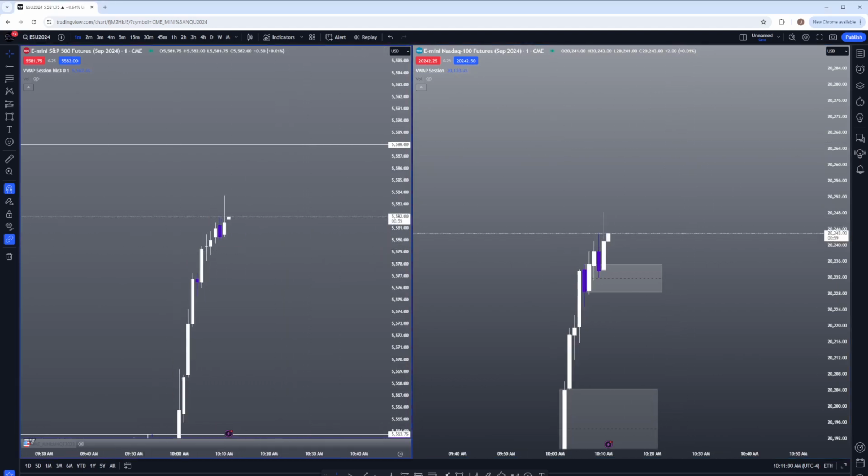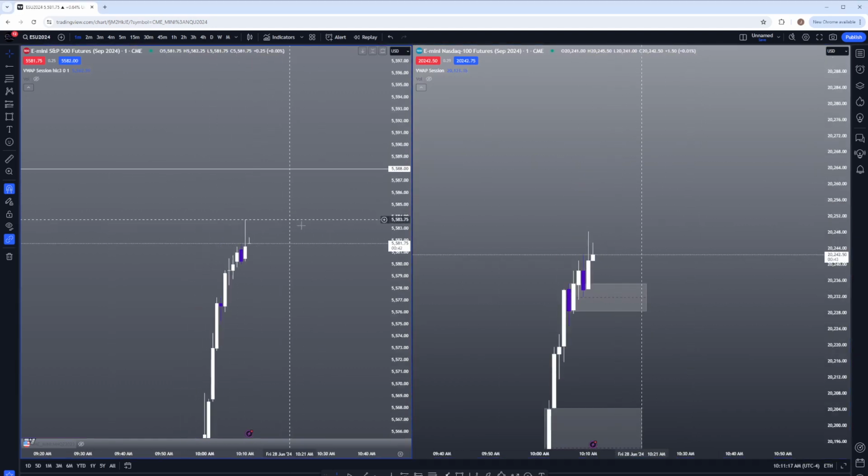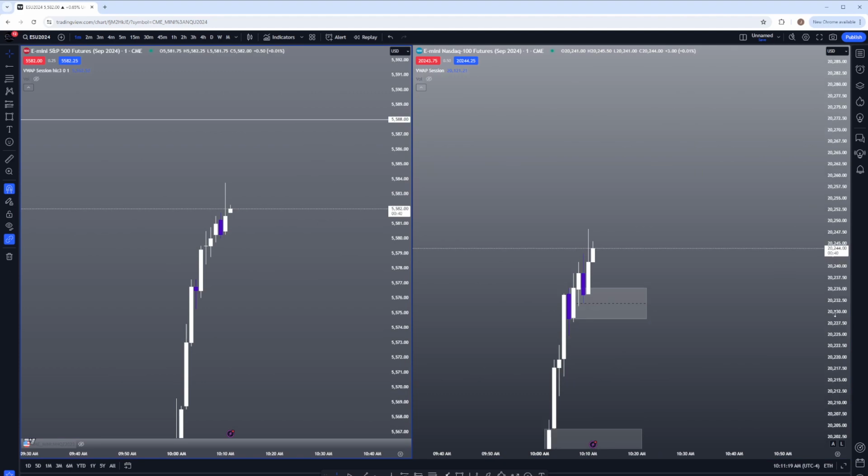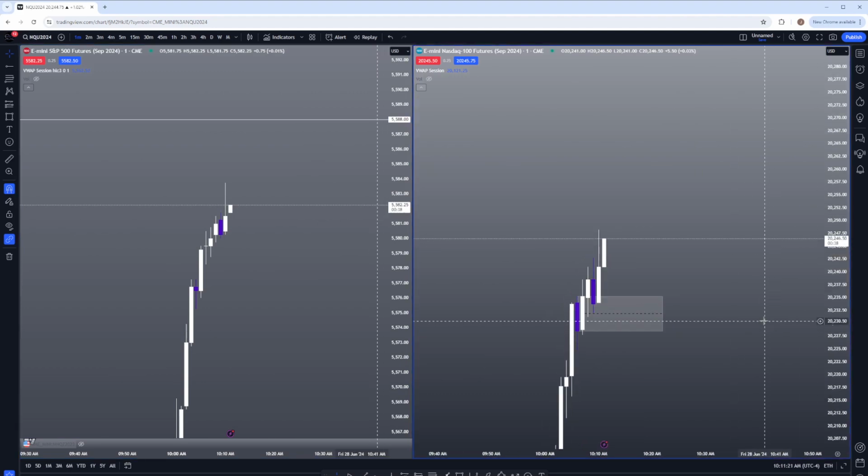ES is almost at the all-time high already. ES is very close to taking out that all-time high. I'm really just waiting for NQ to get some kind of pullback.